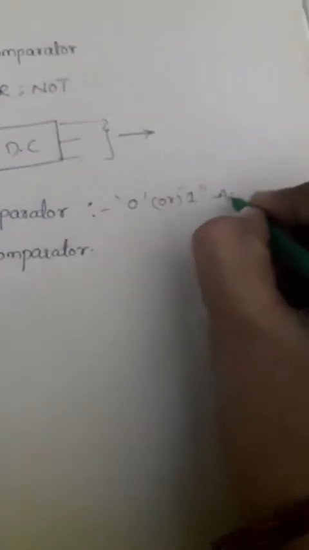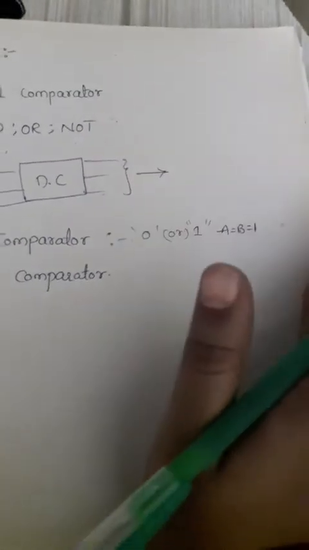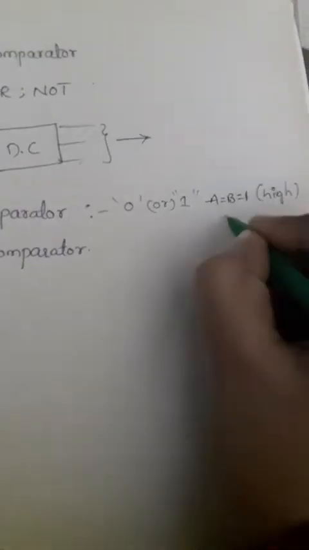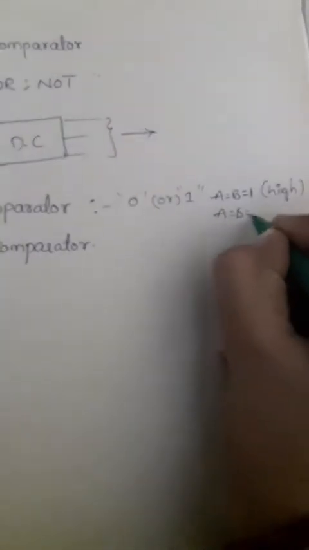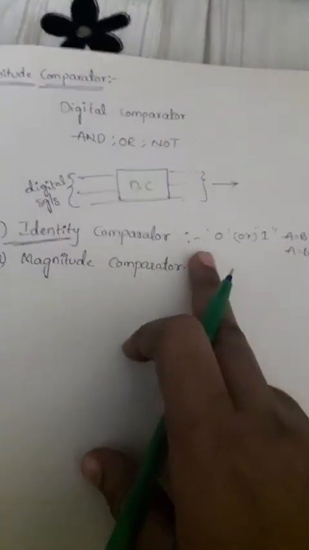If A equals B equals 1, we can call it the high condition, or if A equals B equals 0, we can call it the low condition. This is called the identity comparator.